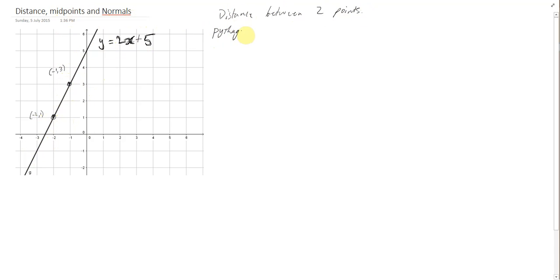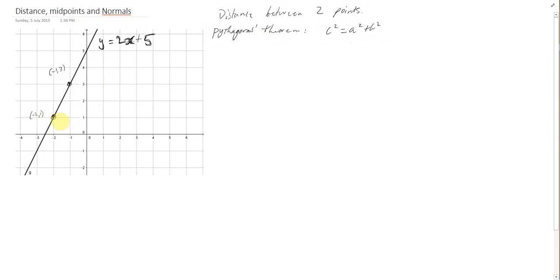Pythagoras' theorem, which you may remember to be c squared equals a squared plus b squared, or a squared plus b squared equals c squared, if you want to write it the other way around.